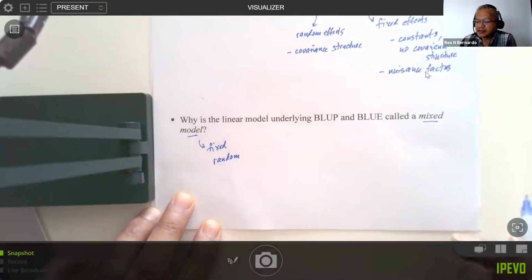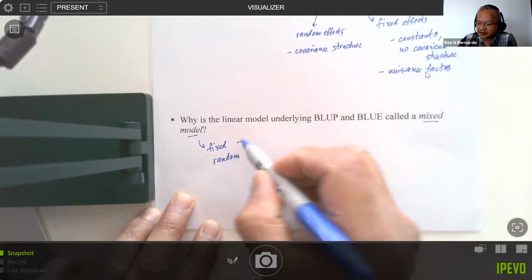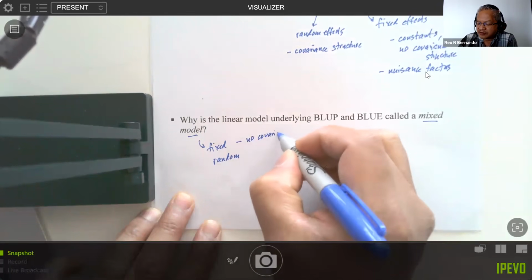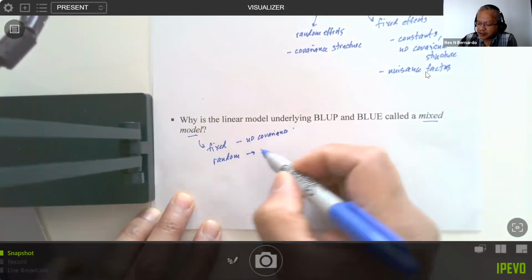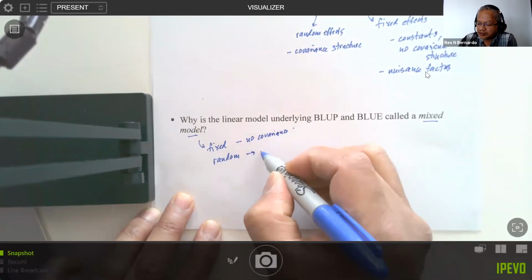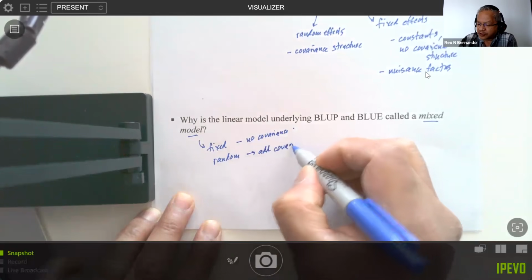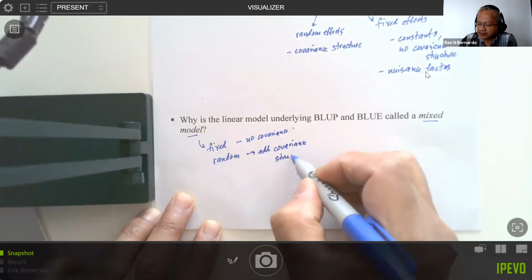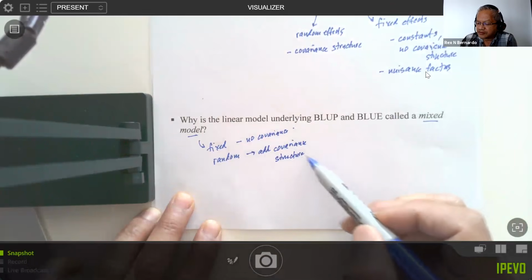And we'll see in the mixed model equations that for the fixed effects, there is no covariance structure specified. Whereas for the random effects, we need to add a covariance structure. That really is the only difference: you're adding a covariance structure.